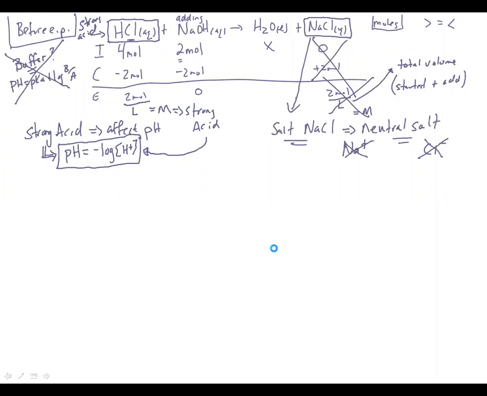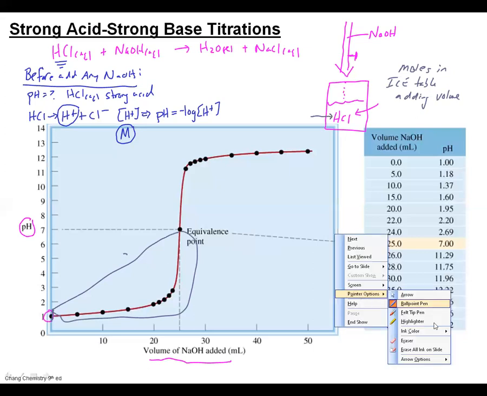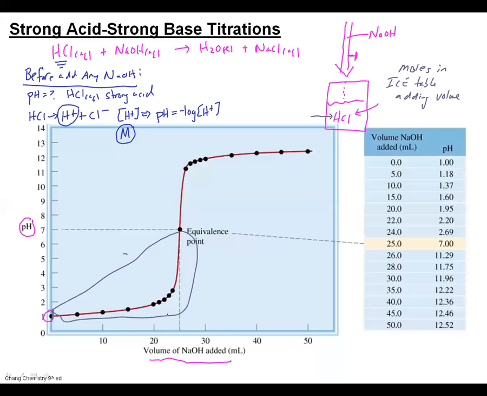So that takes us, if we come back to our curve, all the way up to our equivalence point. So let's talk about what happens when we actually hit the equivalence point in this type of titration. So when we hit this equivalence point right here, that again means that the moles of the acid should equal the moles of base in this case.